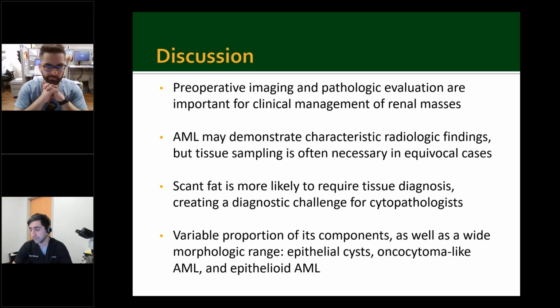The morphologic diversity of angiomyolipoma also adds to the difficulty in recognizing this entity. It has wide morphologic ranges, such as angiomyolipoma with epithelial cyst, oncocytoma-like angiomyolipoma, or epithelioid angiomyolipoma.